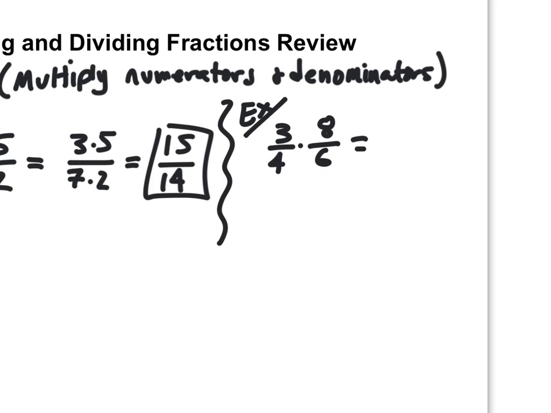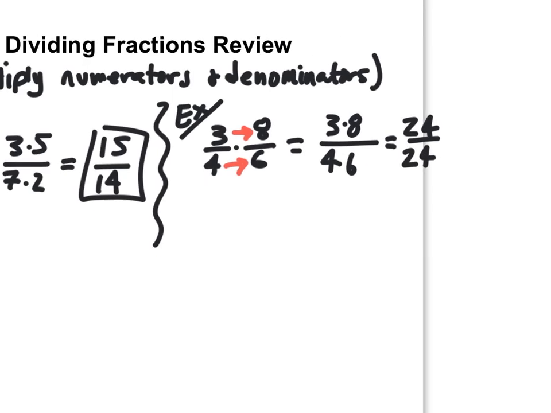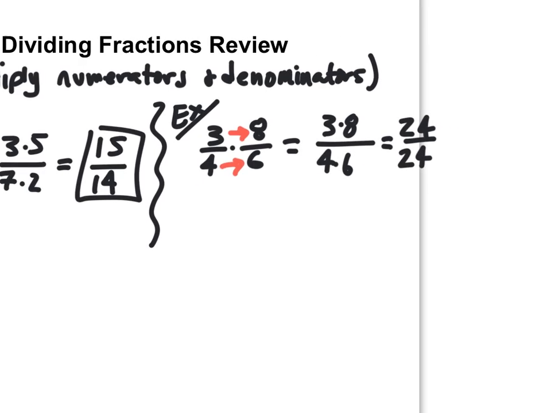I multiply my numerators together, 3 times 8, and then my denominators, 4 times 6. Now, I chose these numbers for a reason. 3 times 8 is 24 over 4 times 6, which is 24. And really, when you have a fraction, all you're doing is dividing two numbers. So 24 divided by 24 just gives you 1.